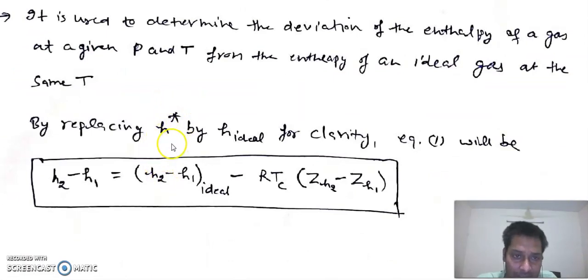So if you replace this H star by H ideal, because we use H star for an ideal gas, to make it more clear, use H ideal.